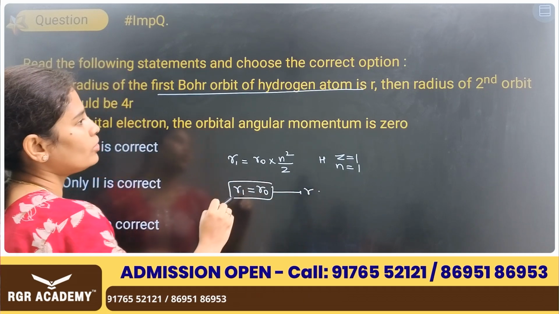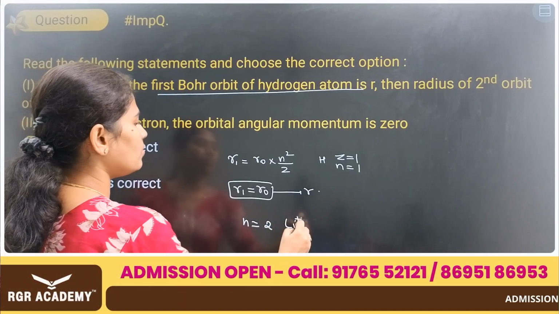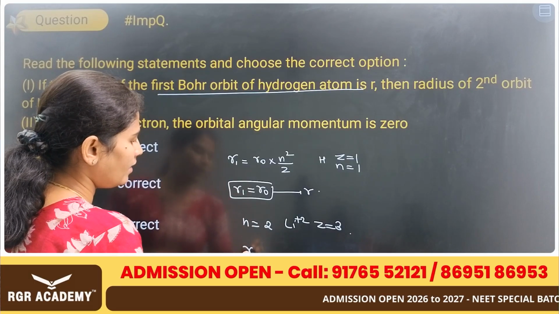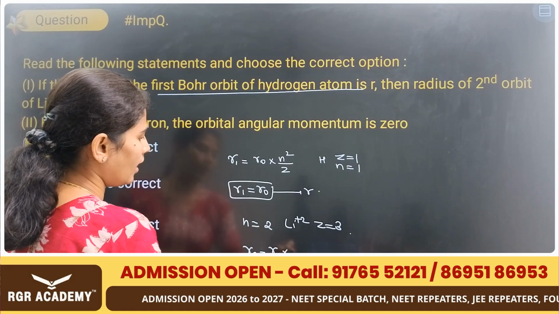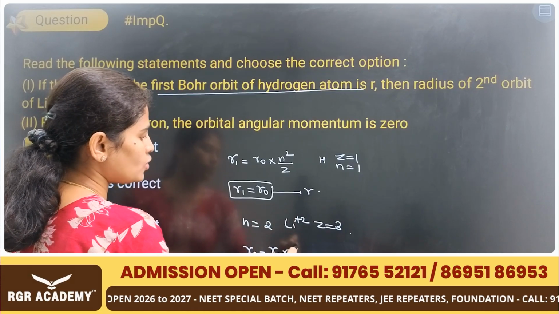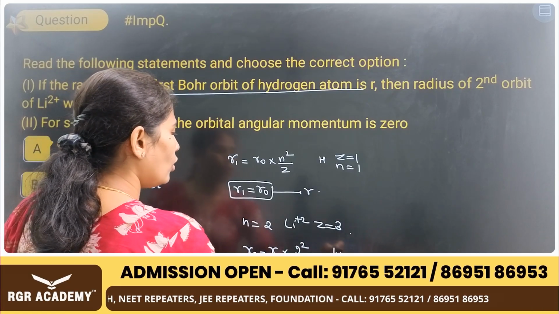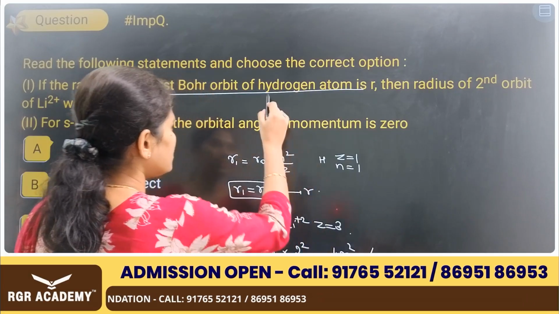We have to find out the radius of second Bohr orbit of lithium plus 2, means z will be 3, right? So r naught, instead of that I am substituting r, and then n square, it is 2 square by z, 3. So it will be like 4r by 3, which is not 4r. So this statement is wrong.